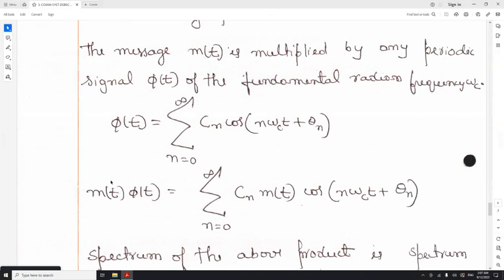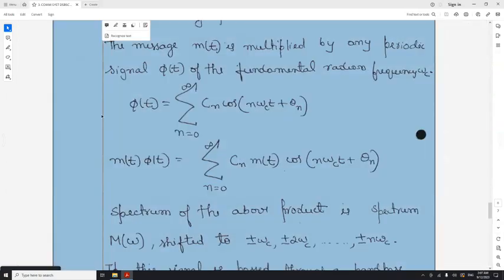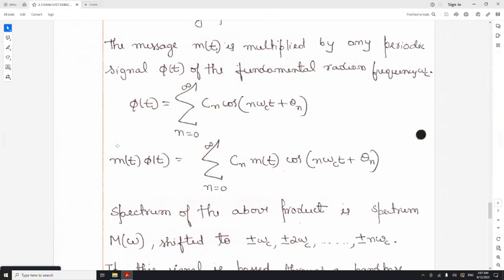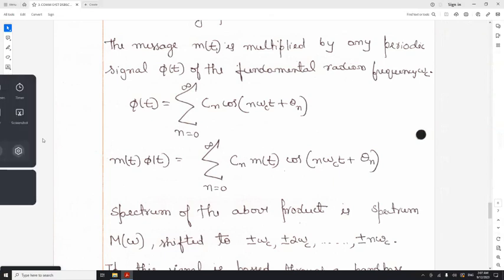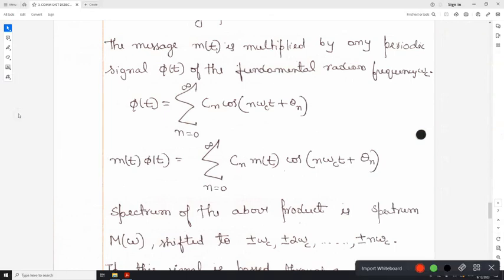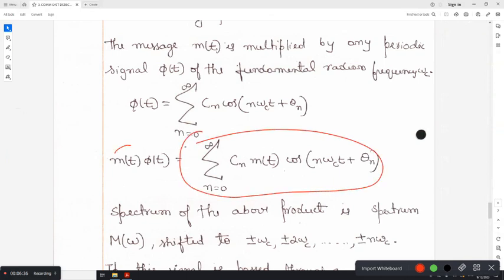So this is your phi of t. Multiply phi of t with the m of t. Fine. Just see this. Now see this expression.